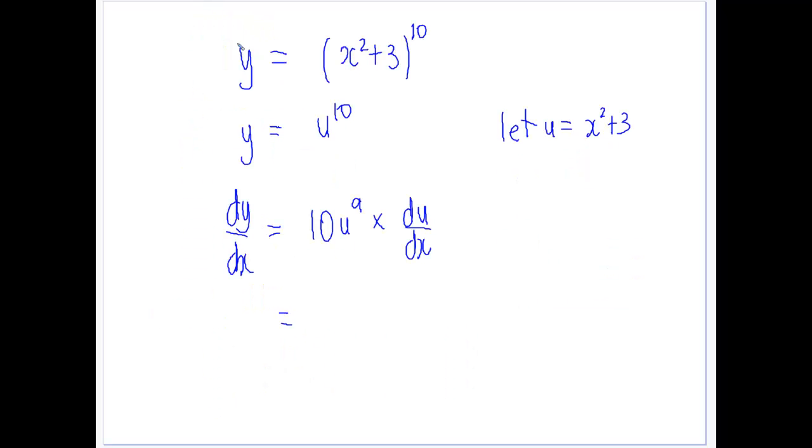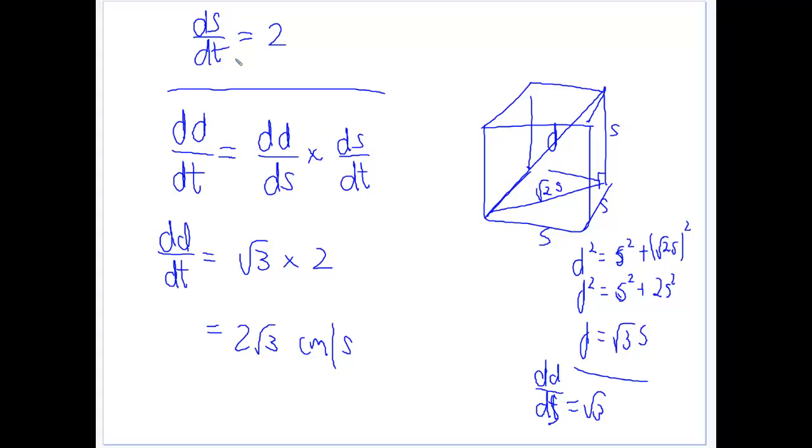And then the length of our diagonal relies on us getting dD/dt, which is dD/ds times ds/dt. Again, ds/dt is 2. But we want an expression for the derivative of the diagonal in terms of s.